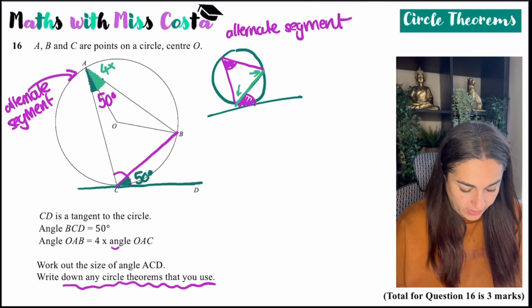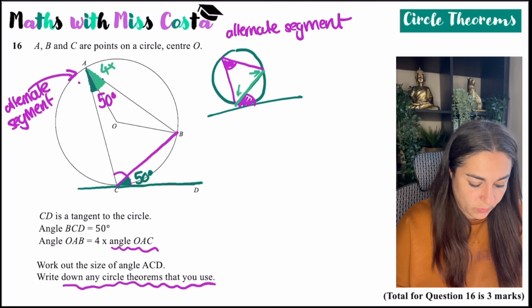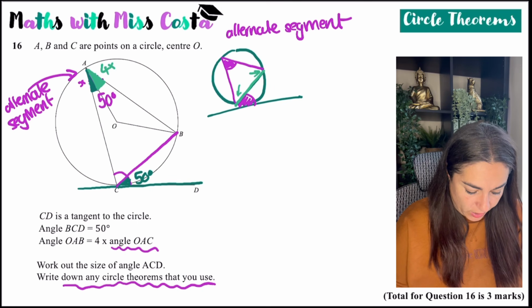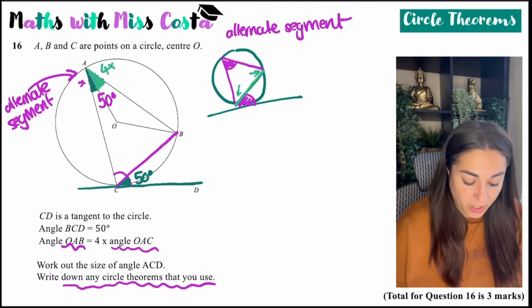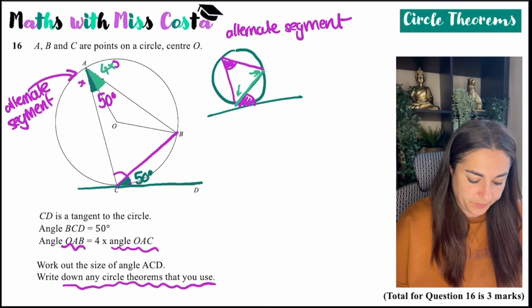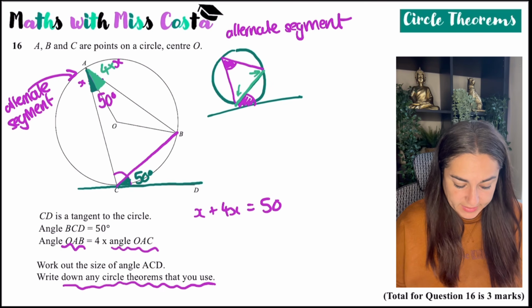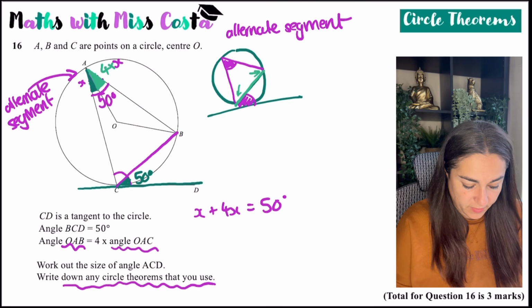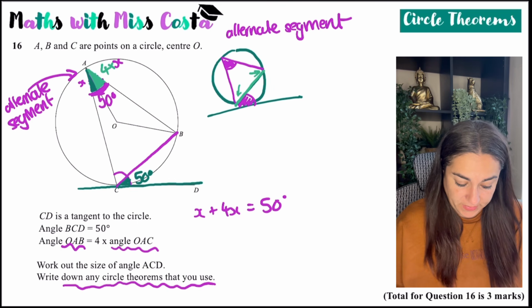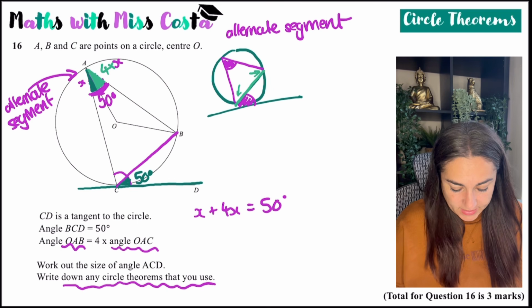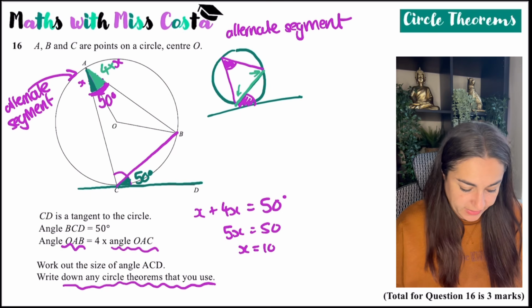So I don't know what angle OAC is. I could call it x, and I know that angle OAB is going to be 4 times x. So therefore, I know that x plus 4x must equal 50 degrees, because I've been told that this whole angle here is 50 degrees due to the alternate segment theorem. So therefore, 5x is 50 and x must be 10 degrees.